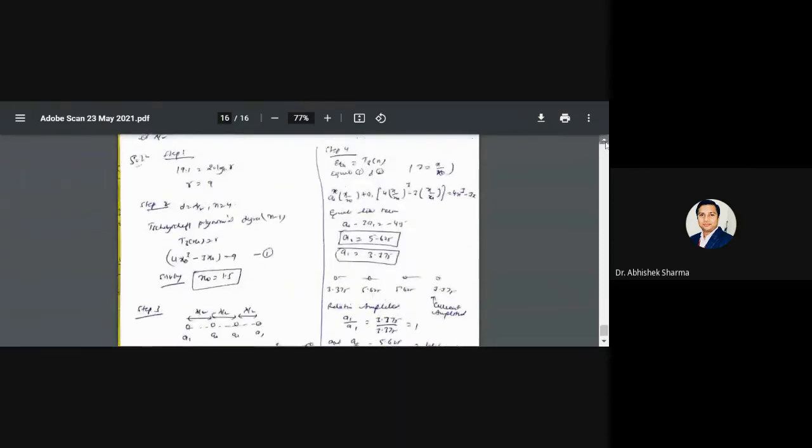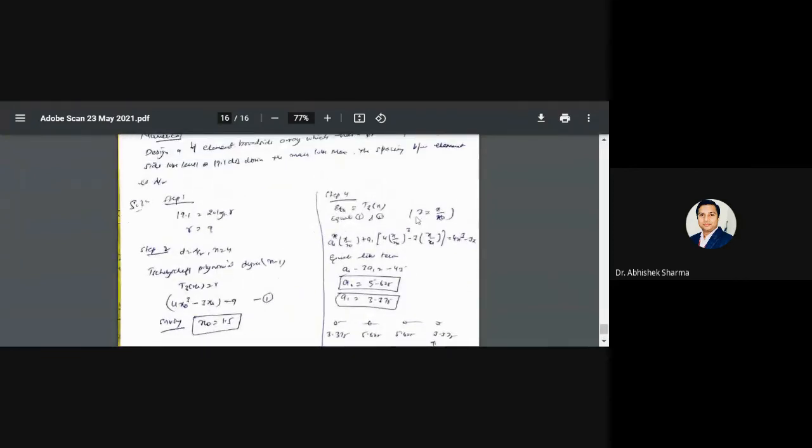Equating both and changing the scale, that is z is equal to x by x naught, we get this. Putting z is equal to x by x naught, we get this. Equating the like terms: a naught x by x naught plus a1 (4 (x by x naught) cube minus 3 x by x naught) is equal to 4x cube minus 3x.